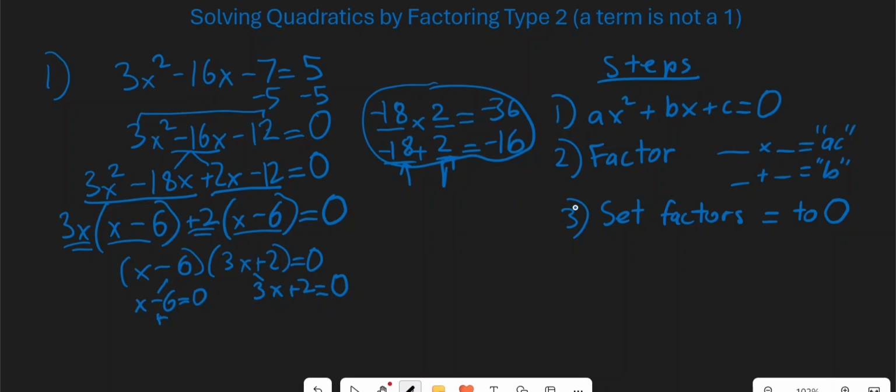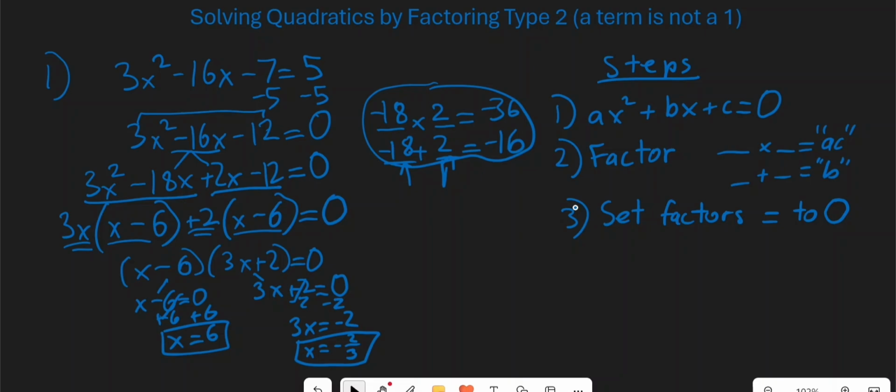If you add 6 for this, you end up with an x value of 6. For the other equation, if you subtract away 2 first, that gives you a 3x value of negative 2, and then divide by 3, and that leaves you with an x value of negative 2/3. So these are the two solutions for this quadratic, 6 and negative 2/3.